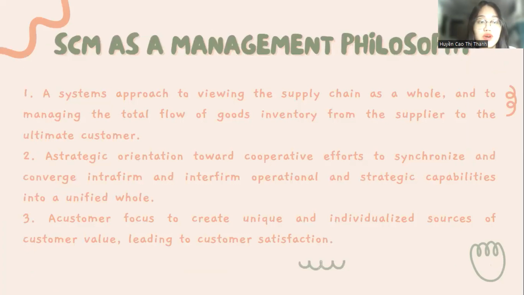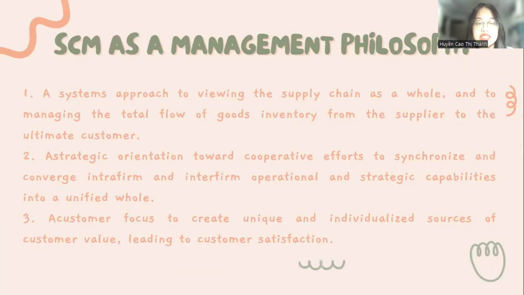So next one, supply chain as a management philosophy. We have three parts. The first one is the systems approach to viewing the supply chain as a whole and managing the total flow of goods inventory from the suppliers to the customer.